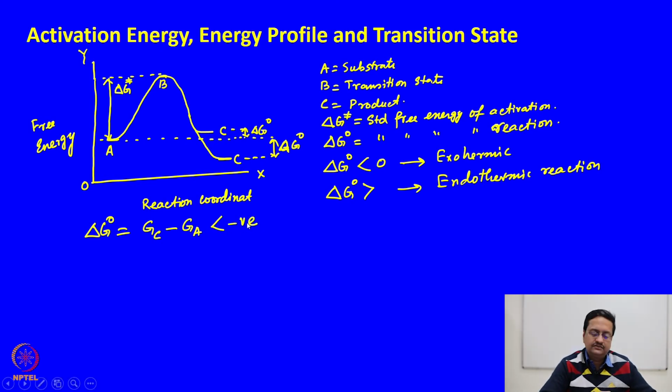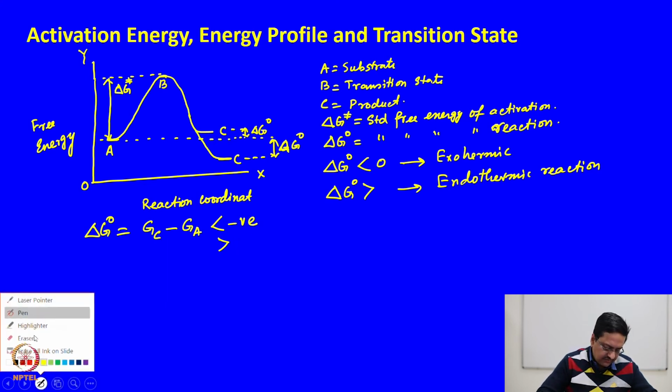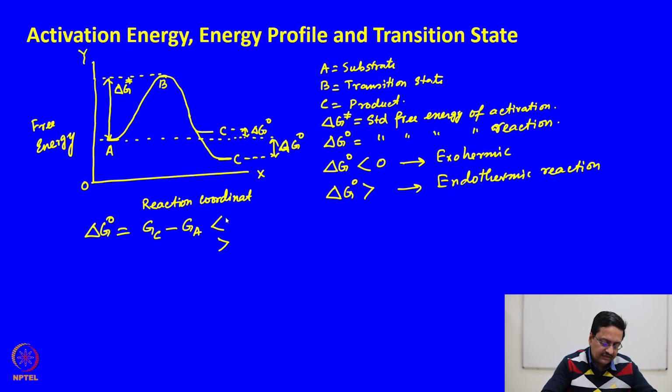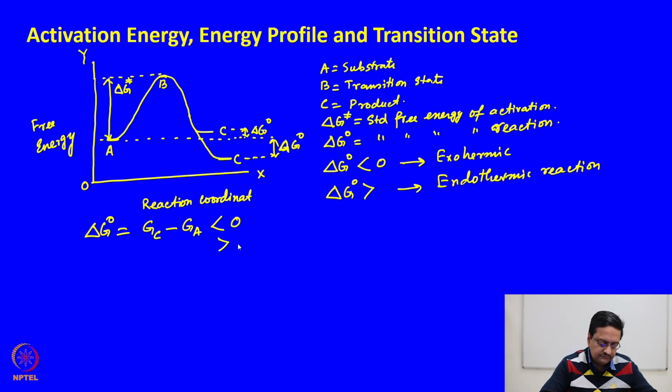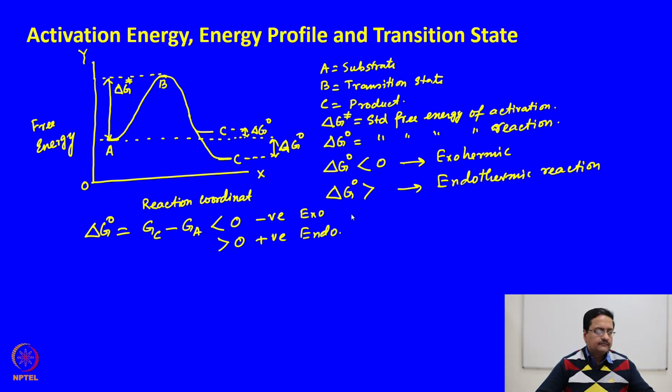So, that is called the exothermic reaction, and when this is greater than 0, I should specify greater than 0 and less than 0, that is negative and positive. So, this is exo, this is endothermic reaction.